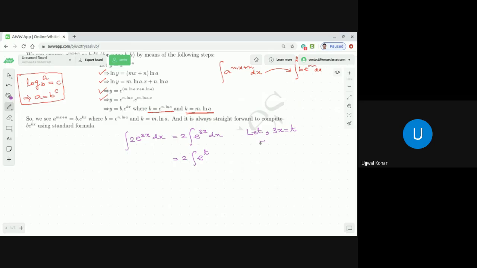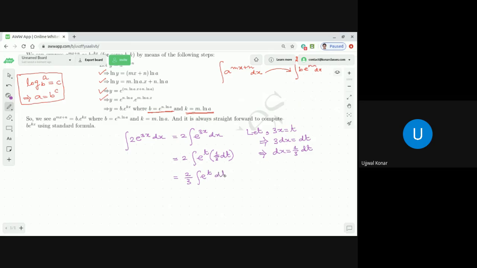If 3x equals t, that means 3 dx equals dt, by differentiation. So instead of dx, we can write 1 by 3 dt. That is 2 by 3 integration e power t dt.